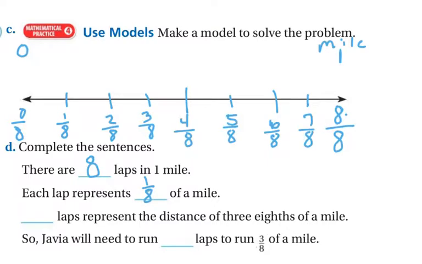And how many laps represent the distance of 3/8 of a mile? Where would we put our point? Right here. Yes, indeed. So we would run 1 lap, 2 laps, 3 laps. 3 laps represent the distance of 3/8 of a mile. So Javier will need to run 3 laps to run 3/8 of a mile. And that's it. It's as simple as that.